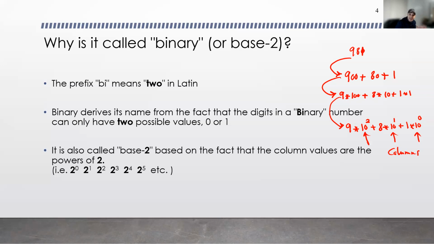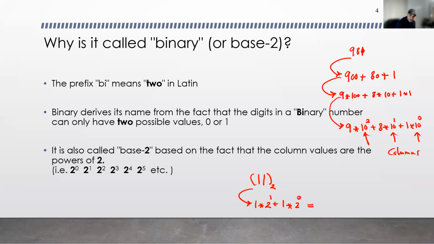Exactly the same here in our binary system. For example, the number 1 1. This is not 11. In binary, this will be 3. Let's check. This is 1 multiplied by 2 to the power of 1 plus 1 multiplied by 2 to the power of 0.